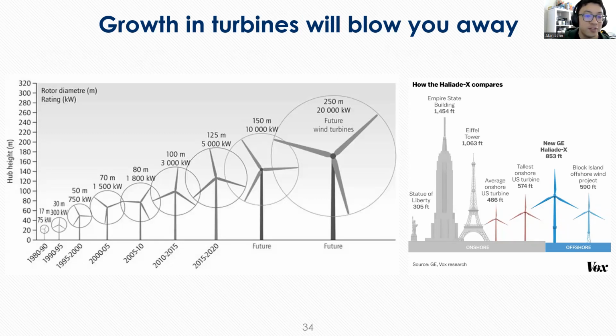And here's a comparison with the Statue of Liberty, Eiffel Tower, Empire State Building. So these things can be absolutely massive and generate quite a lot of electricity. A single turbine at 3 megawatts, if you have an entire wind farm, you can generate a pretty substantial amount of electricity.